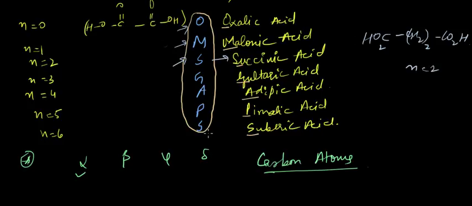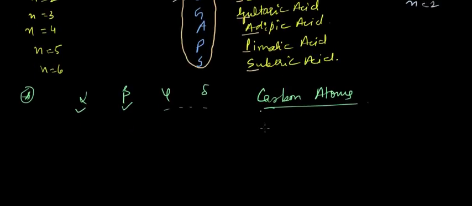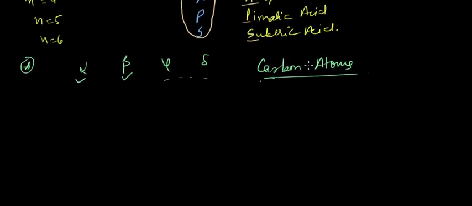This means that the carbon which is directly attached to the functional group is called the alpha carbon atom, the one second from the functional group is called the beta carbon, and so on, right? So now I suppose we have done the nomenclature for the carboxylic acids.